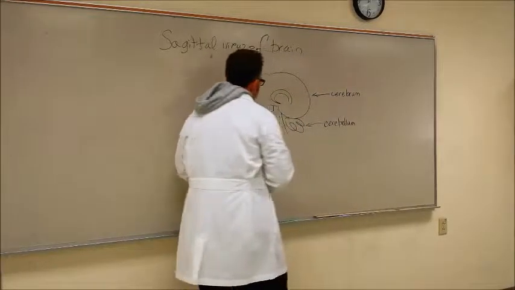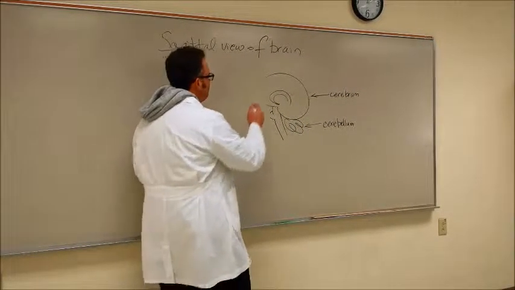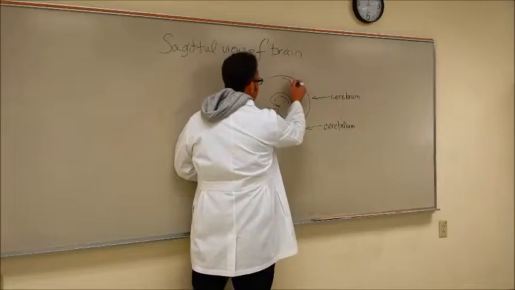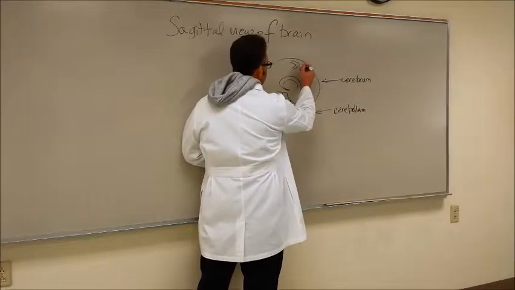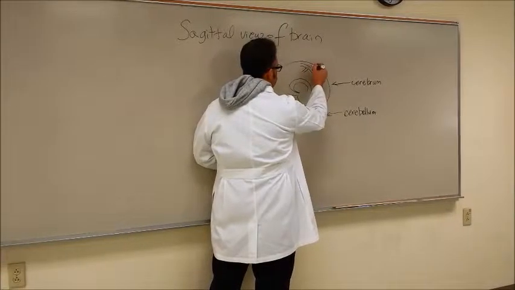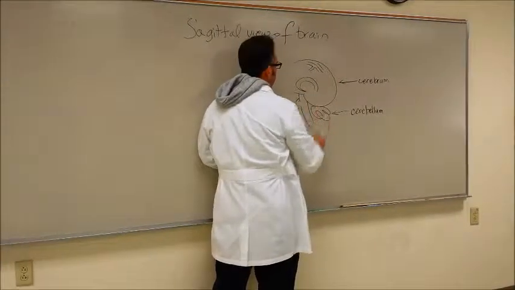The parts of the brain kind of have these worm-like ridges in there. They kind of have these little ridges in the brain itself.